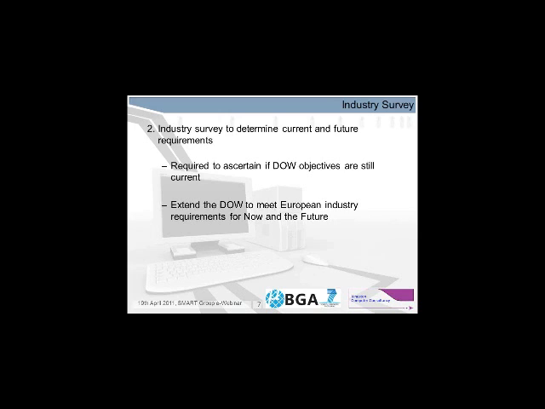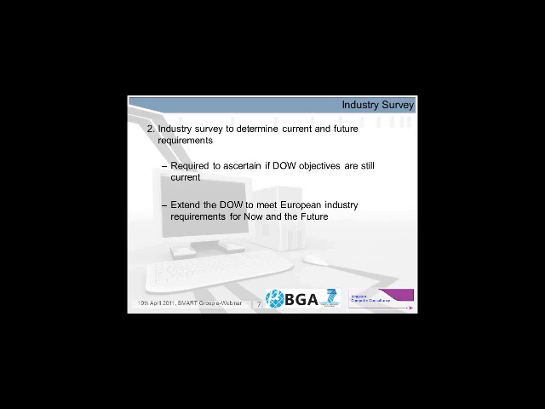The project was originally conceived probably more than 2 years ago, and was proposed to the EC as it was named in those days. The industry has moved on, so an important part of the project is to perform an industry survey to determine the current and future requirements of the micro BGA consuming or producing industry.